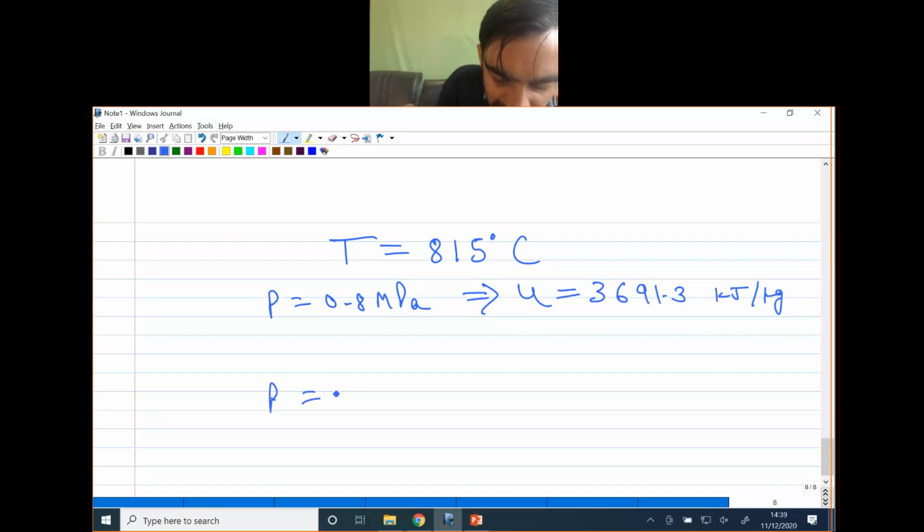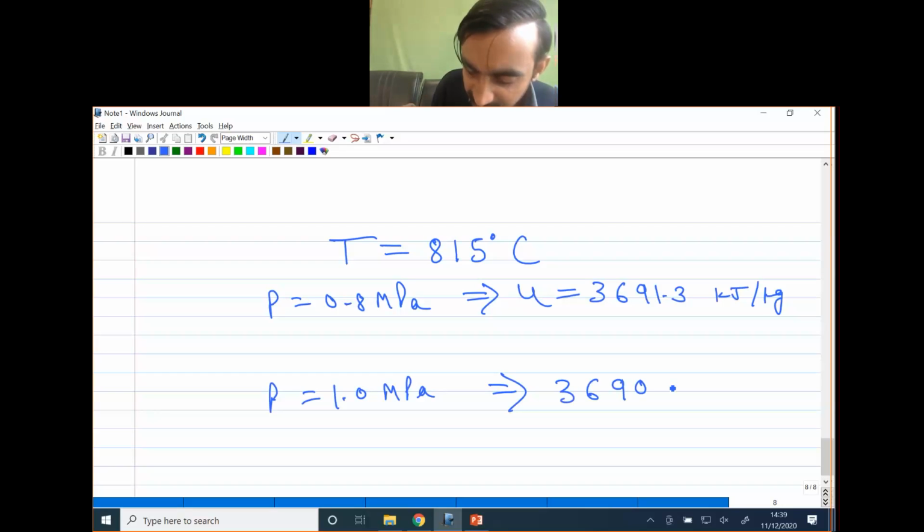For a pressure of 1.0 megapascals, the value we just calculated is 3690.53 kilojoule per kg.